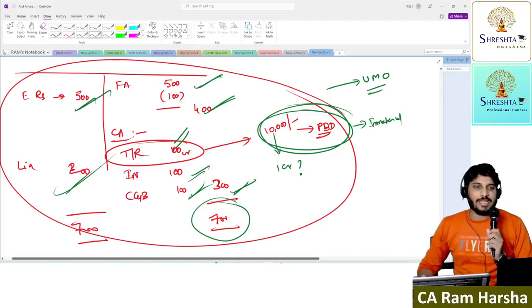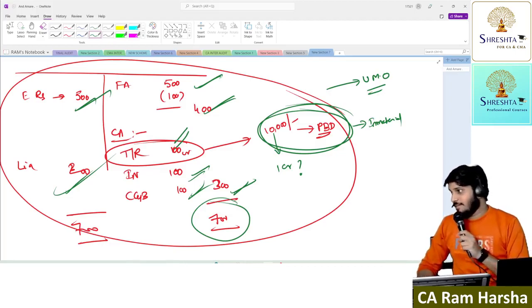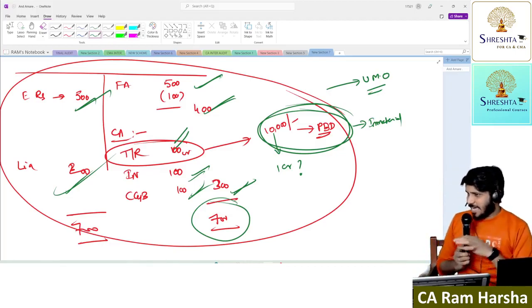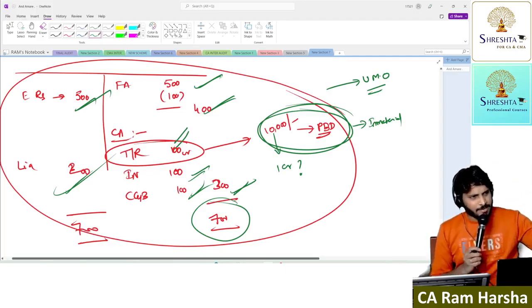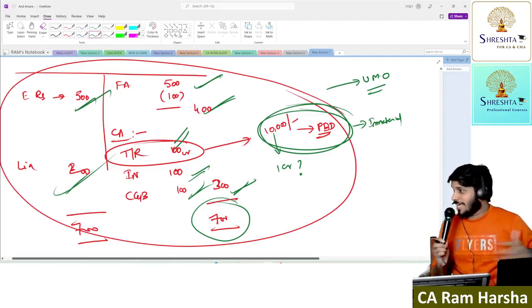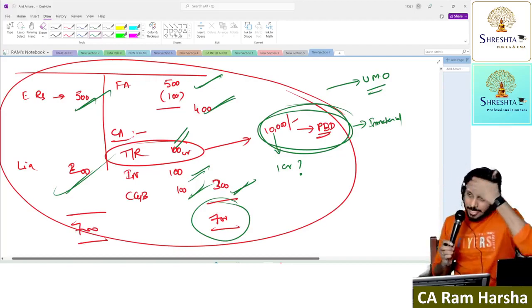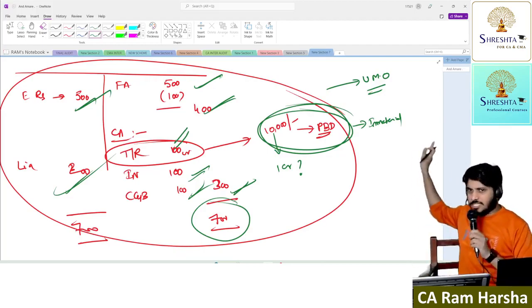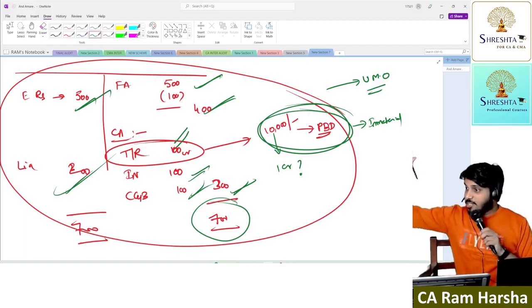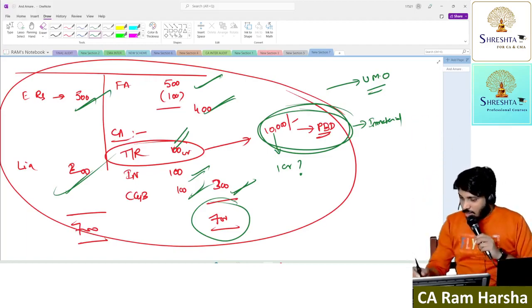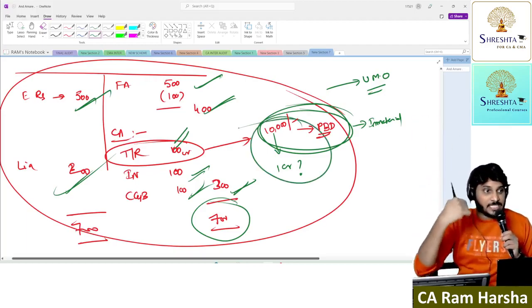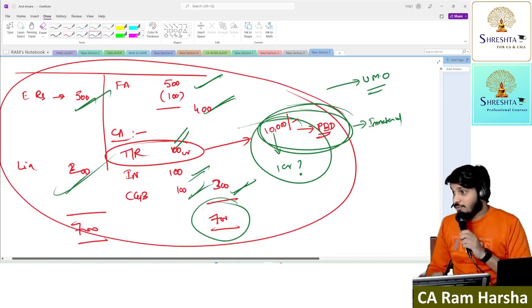Is 1 crore material or immaterial? Material. The mistake is there. But can I say the entire balance sheet is misleading? I cannot say that. Can I say as a whole, don't believe this balance sheet? I can't, because I have evidence for all other items. Everything is correct. Only this 1 crore mistake I discovered. Are you getting it? Now which opinion will I give?